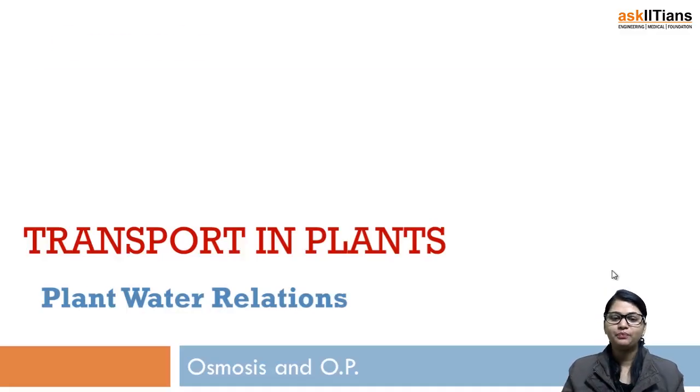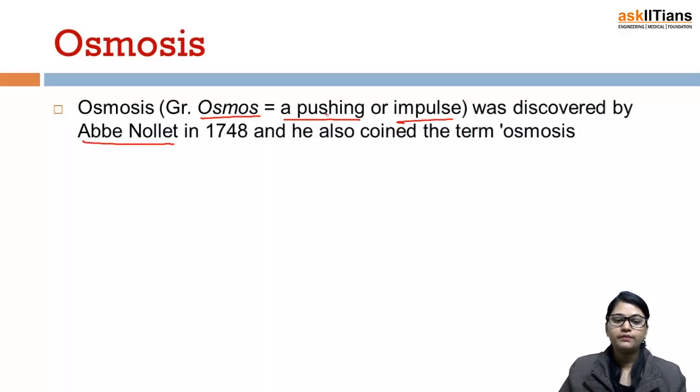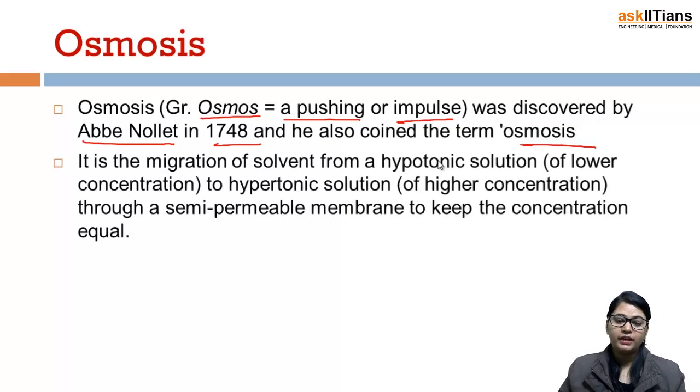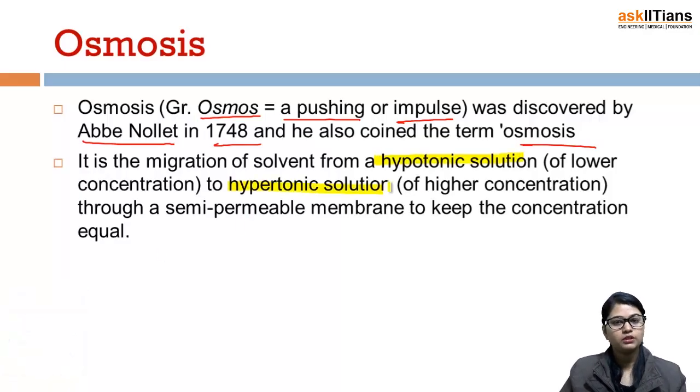So let's begin. What is osmosis? Osmosis is derived from the term osmos. Osmos means a pushing or an impulse, and it was discovered by Knowledge in 1748, and he coined this term osmosis. It is the movement of solvent from a hypotonic solution to a hypertonic solution.